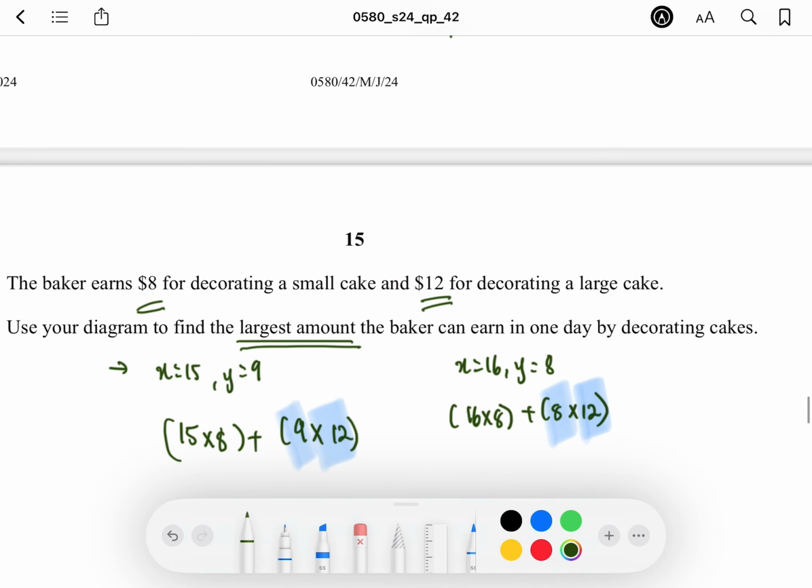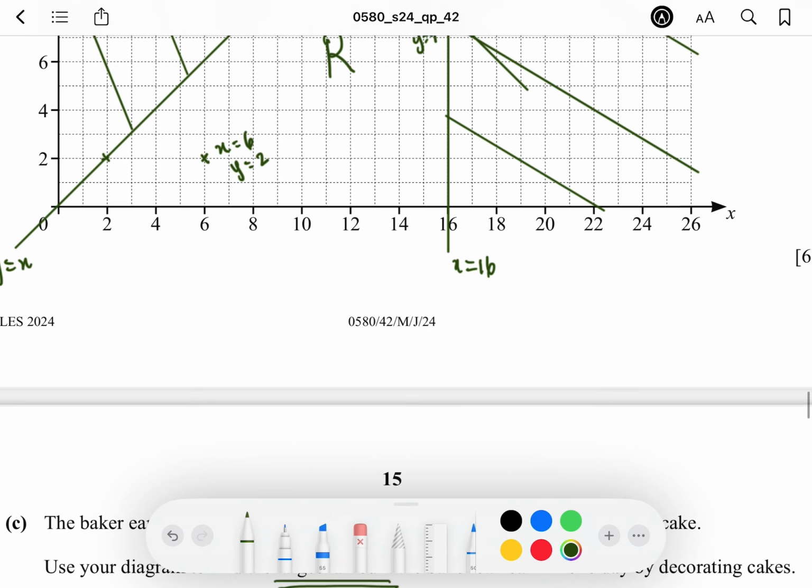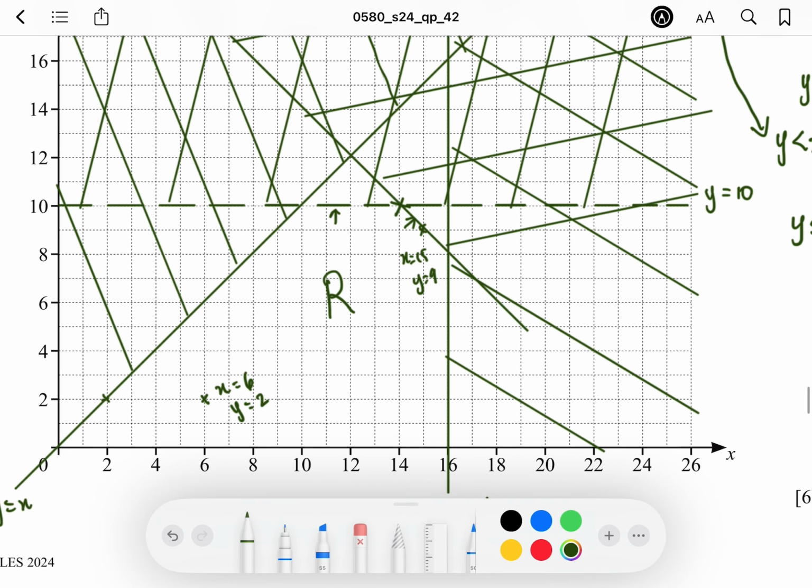So untuk menjawab soalan ni, you need to understand exactly why were you asked to use the diagram. Okay? Not forgetting that the graph yang kamu lukis bukan graph straight line. The graph yang kamu lukis adalah the relationship between X and Y, which is the relationship of small cakes and large cakes.